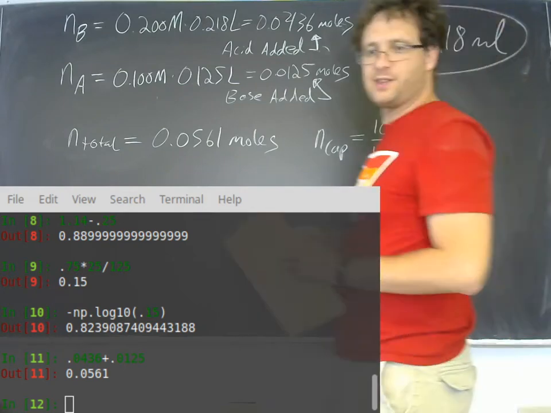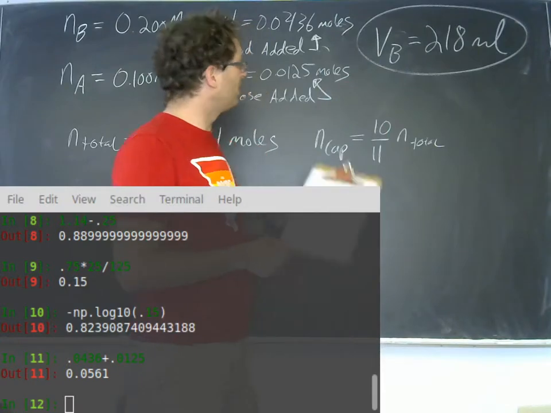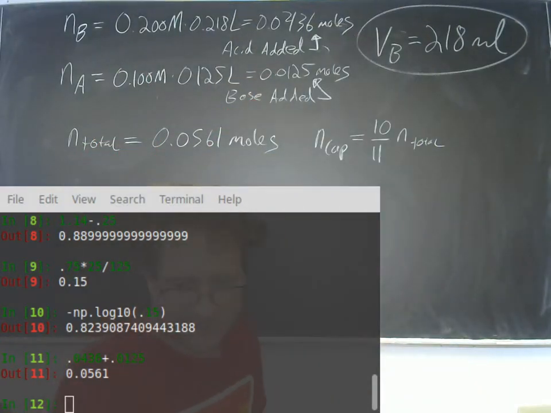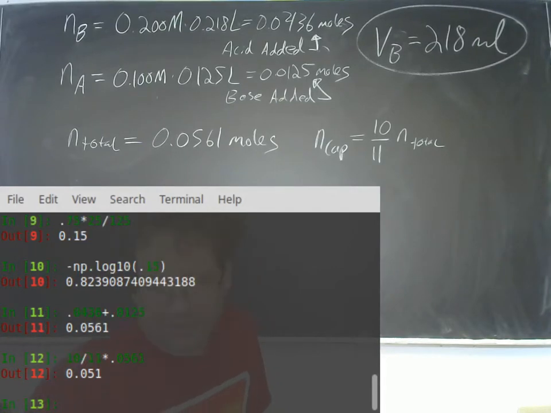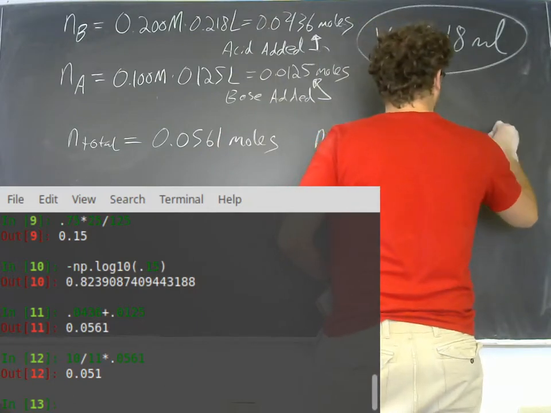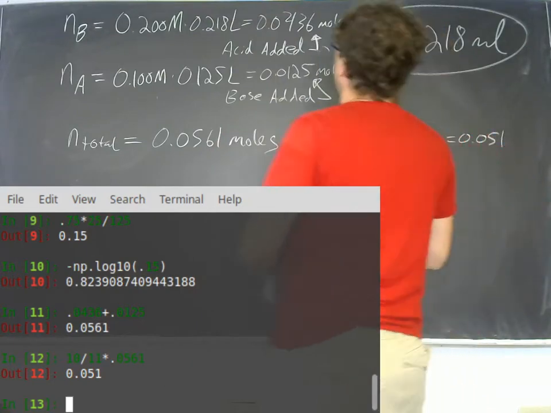It's actually that easy. No matter what your N total is, that will be the ratio. So let's figure out what N capacity is. 10 divided by 11 times 0.0561. That'll be 0.051.